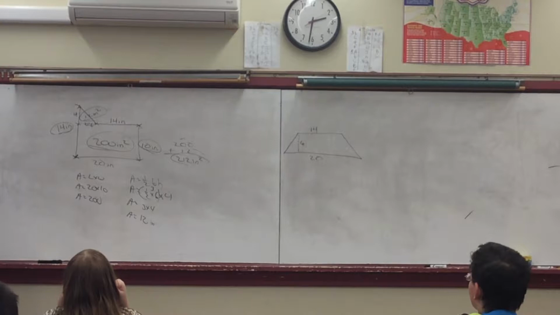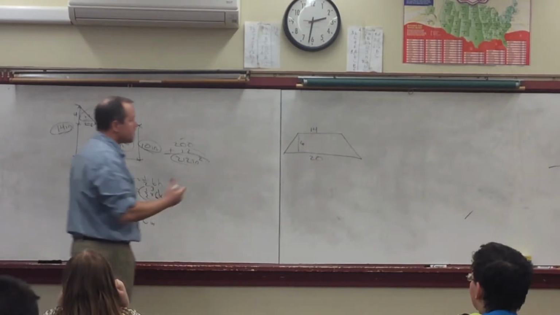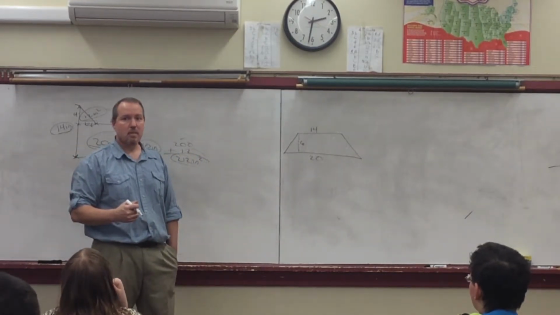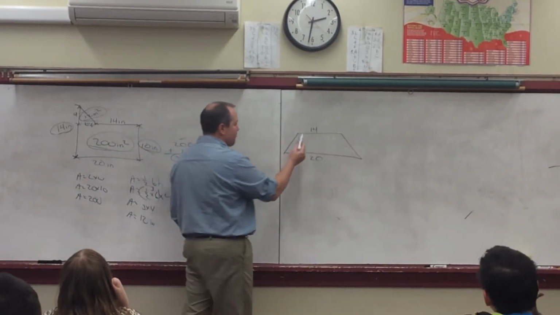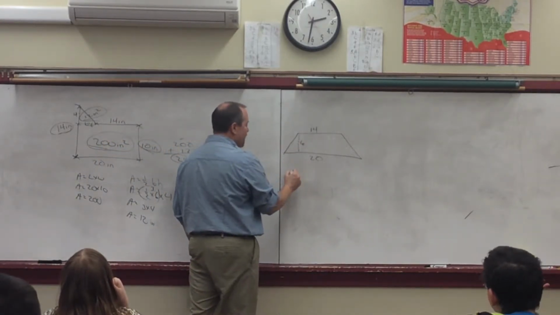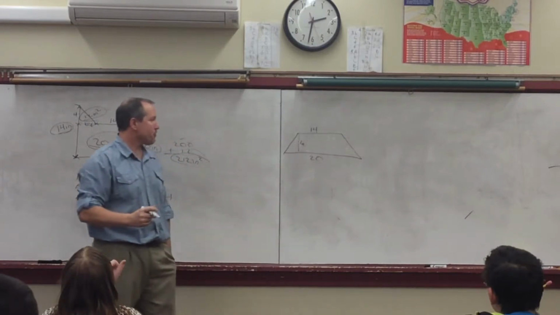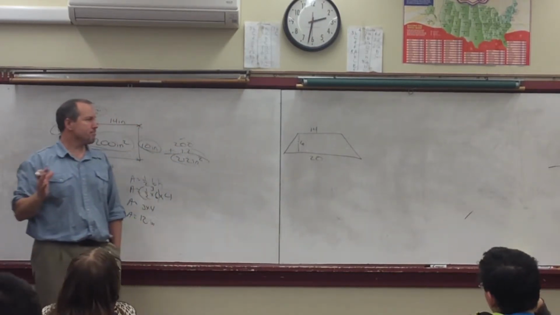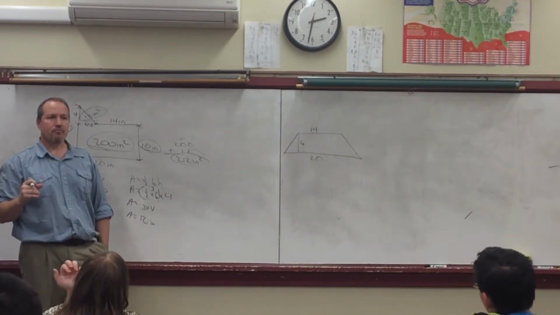So, as Mrs. Feltman's uncle taught me, let's use a little bit of common sense here. Okay? We're going to make rectangles and triangles out of this. So now, if we want to make rectangles and triangles out of it, what do we know about the rectangle?